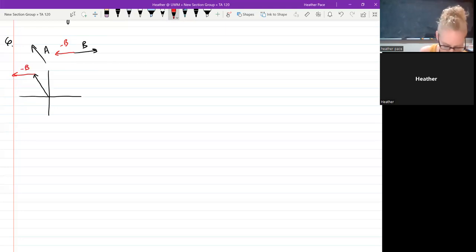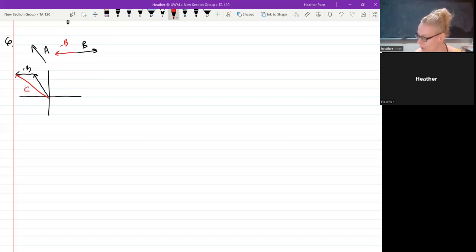Actually, let's do negative B as black. Then we are going to draw a line from where we ended to the origin. And we get, let's call it C, and we get C.